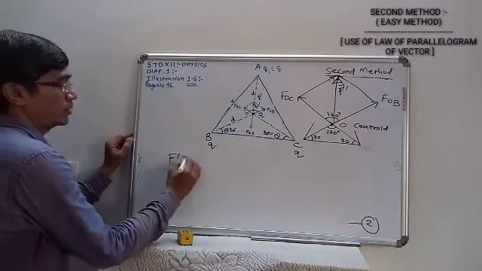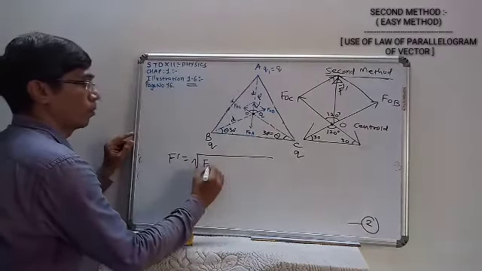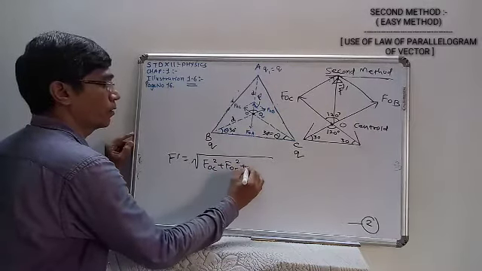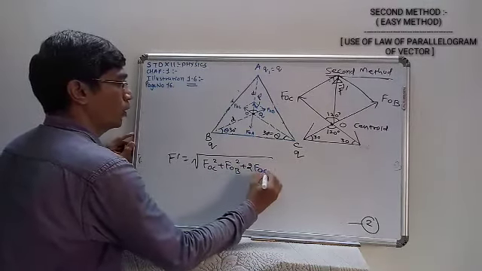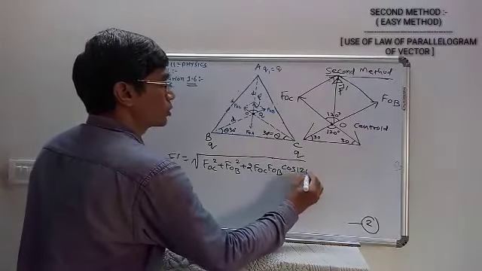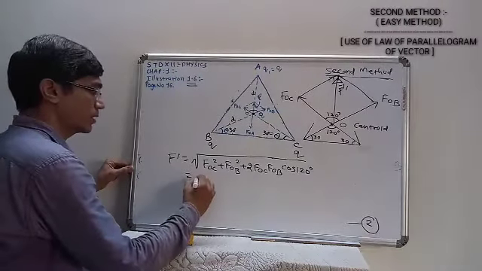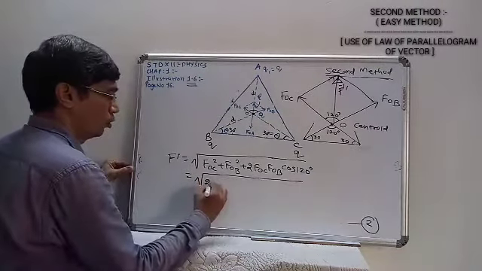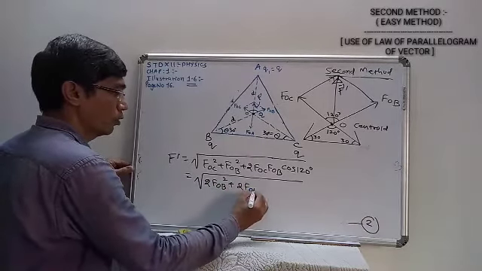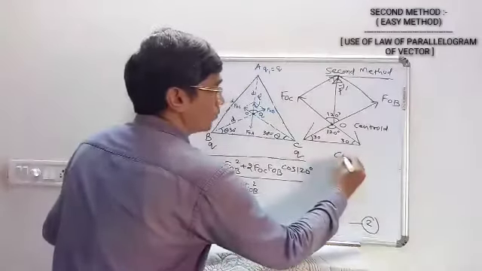So F dash is given by under root FOC square plus FOB square plus 2 FOC FOB cos 120 degree. So F dash is given by under root 2 times FOB square plus 2 FOB square cos 120.